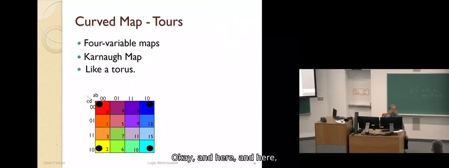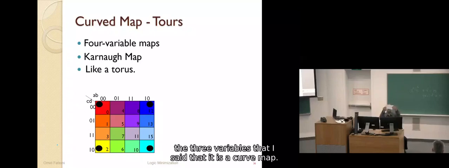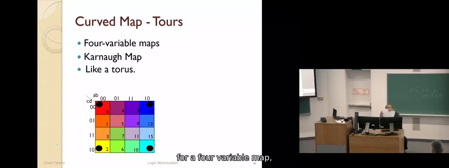Here, as I told you about the 3-variable map, it is a curved map, a 2D curve, to have a circular map. We did it like that. For the 3-variable map, we have 2 rows, so they were adjacent, and we didn't have to do anything else.